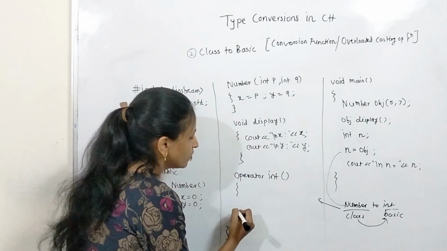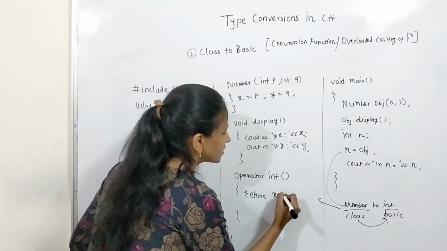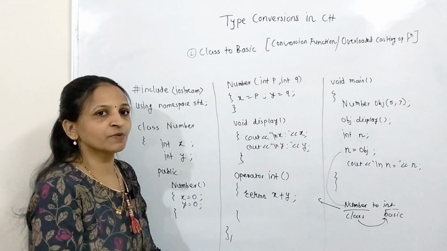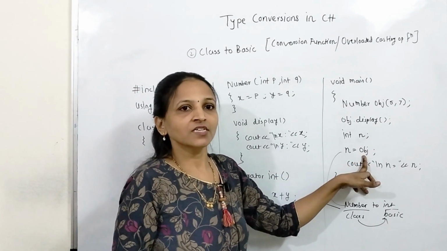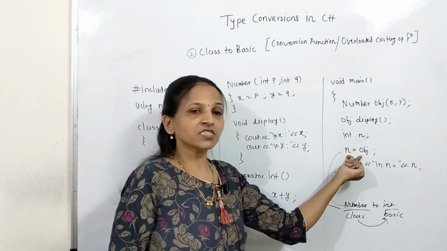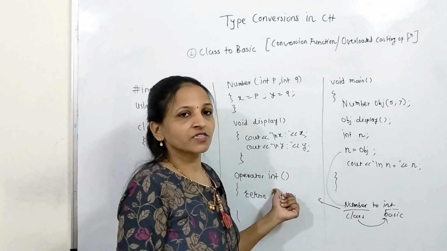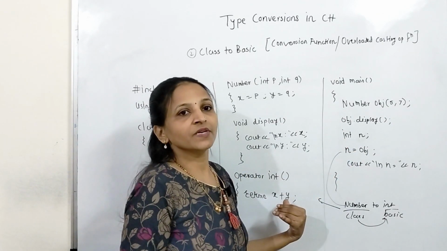Now see here what we have to do. Simple. Here we can write return x plus y. Now whose x plus y? Calling object's x plus y. Who is the calling object? Obj is the calling object. Because whenever this statement is getting executed, at that time this type conversion function will be called automatically and this object will be passed implicitly.